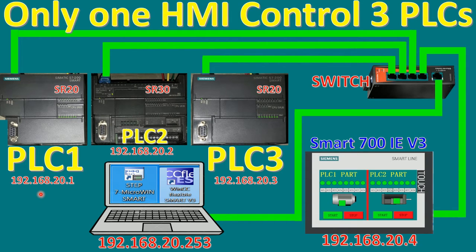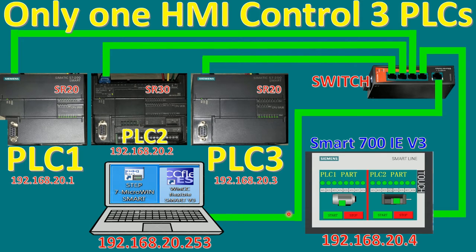For example, PLC 1 I will set 192.168.20.1, PLC 2 20.2, PLC 3 20.3, and for HMI I will set .20.4, and for my computer I will set .20.253. Okay.